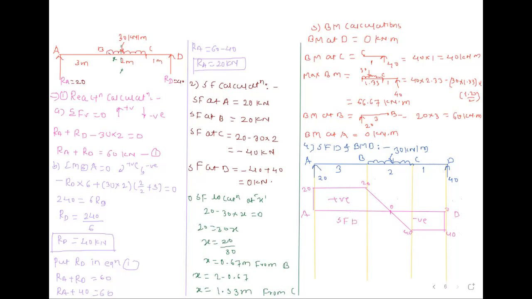Now we will draw the bending moment diagram. First we will mark values and then we will draw. I think all values are positive. Suppose our baseline: bending moment at D is 0. At C, 40.